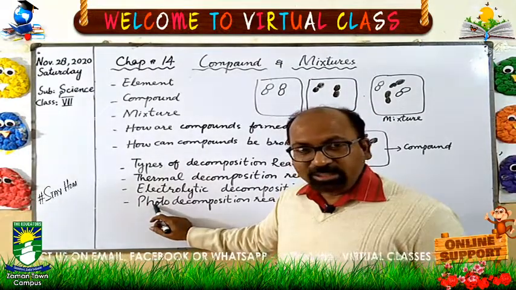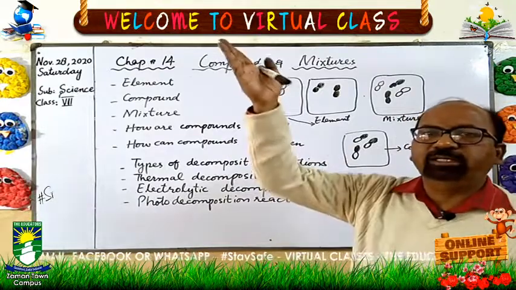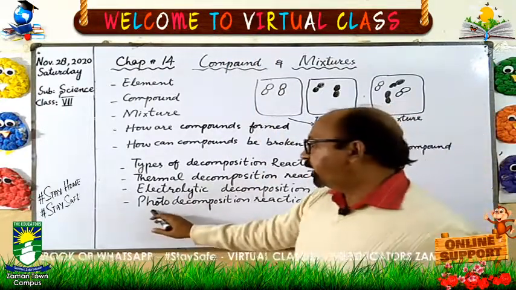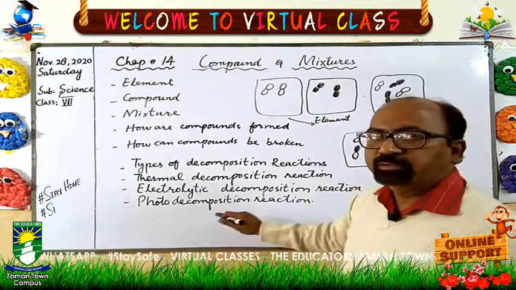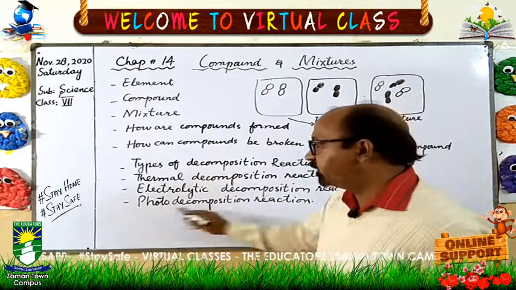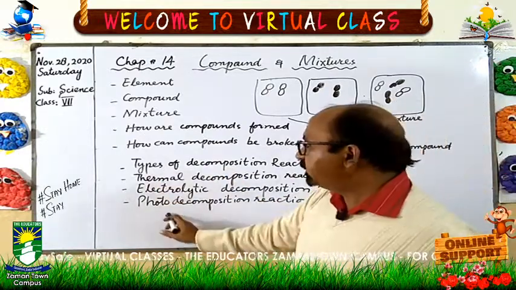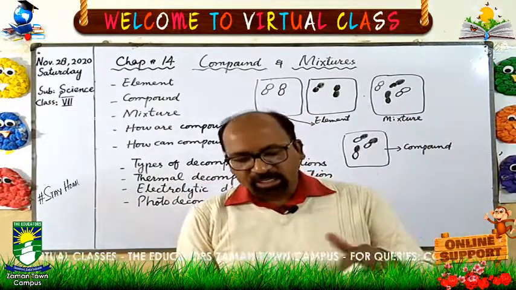Some compounds are broken down by light, sunlight and other lights. So when we provide light to decompose compounds, this reaction is called photo decomposition reaction. All these three decomposition reactions we will see in the next class.